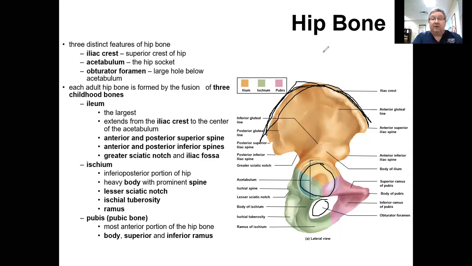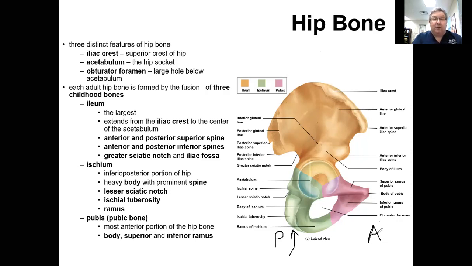Those are the first real visible landmarks. Now, we have some other very important landmarks that you need to know. So, first things first, I know that this is the posterior side because right here is the ischial tuberosity, and that's what I sit on, which means this right here is going to be the anterior side.